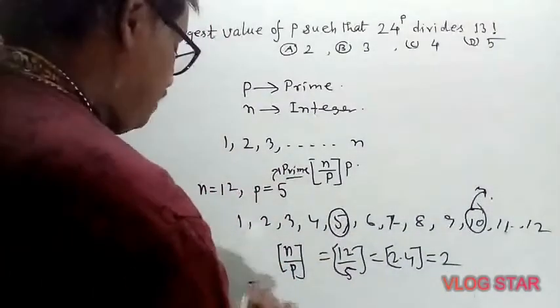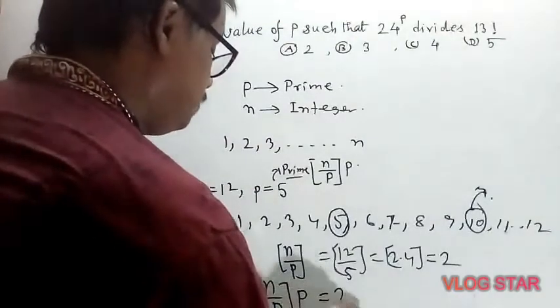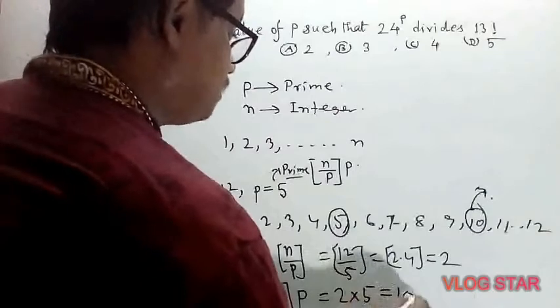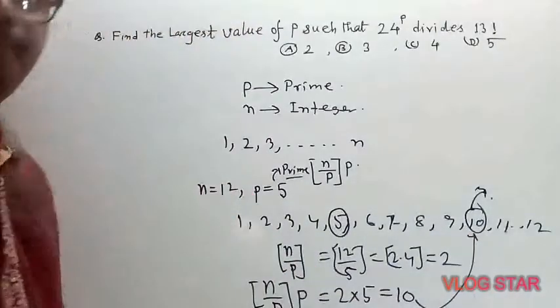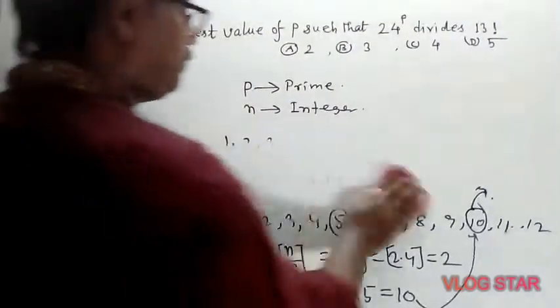And n by p box integer, 2, into p means 5, equals 10. So the last number is 10.